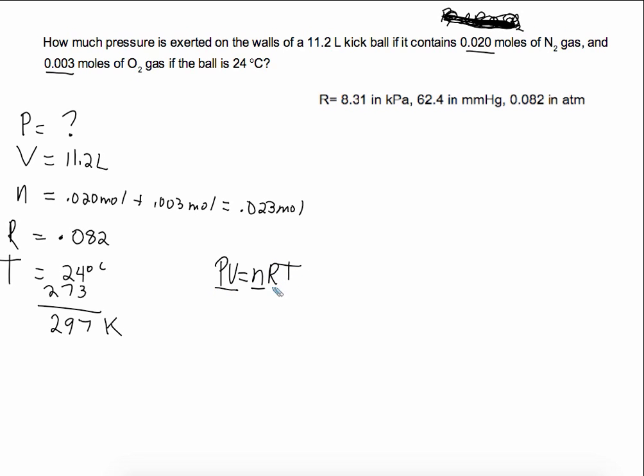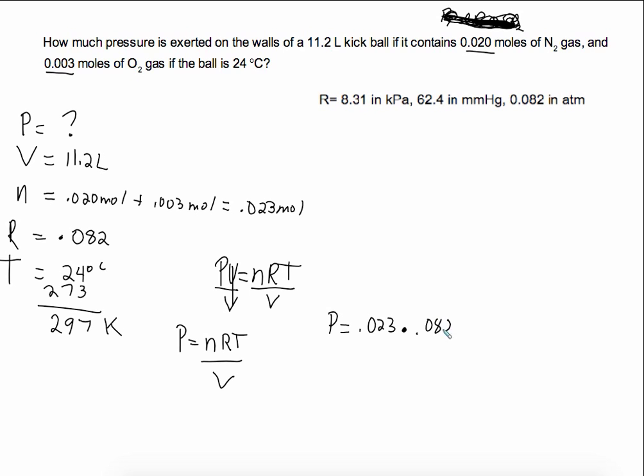So we write our equation, PV equals nRT. Okay, we draw a line under both sides. We're looking for P. So let's move V diagonal by dividing both sides by it. So P is equal to nRT over V. Let's plug in what we got.